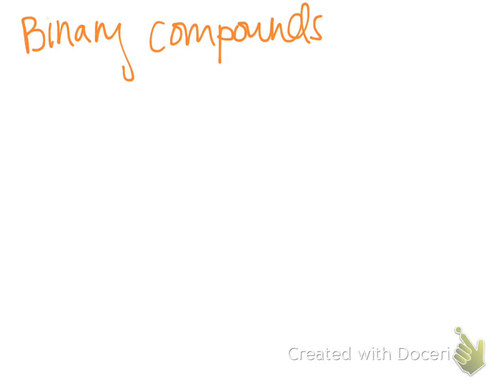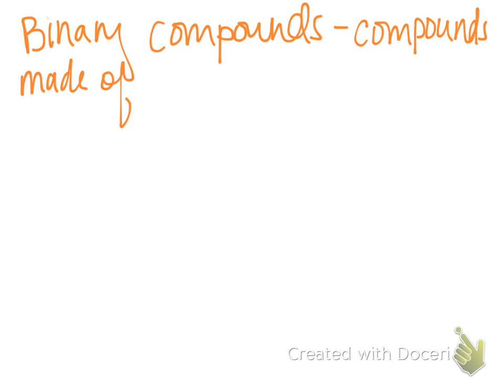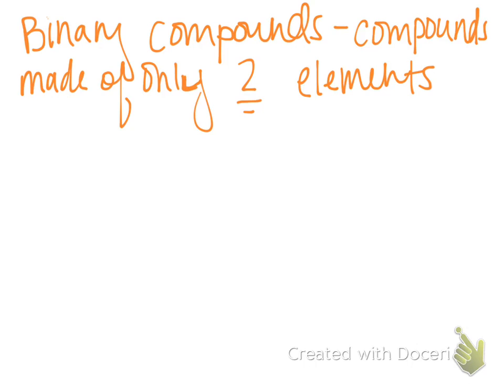So, binary compounds, they are compounds made of only 2 elements. And I don't say 2 atoms because there might be 2 atoms of one type of element and 2 atoms of another type of element or whatever, but it's only 2 different types of elements. Okay? Those are binary compounds.